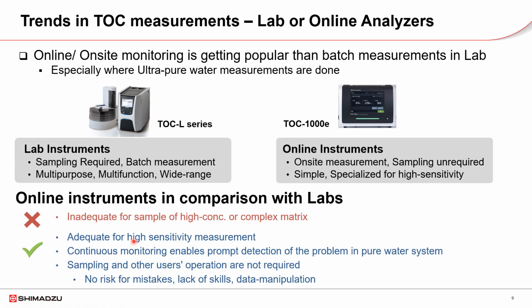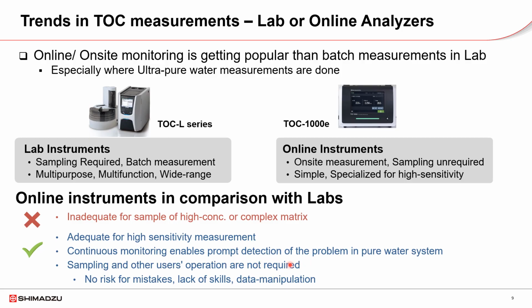Online TOC analyzers for ultra pure water are designed to be highly sensitive, allowing more precise measurements at lower TOC levels. With continuous monitoring, any issues within the pure water system can be promptly detected, eliminating the need for manual sampling or other user operations.